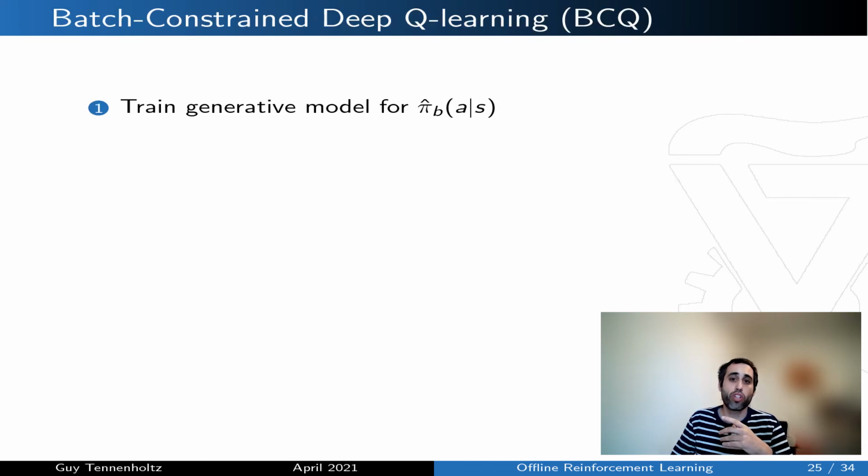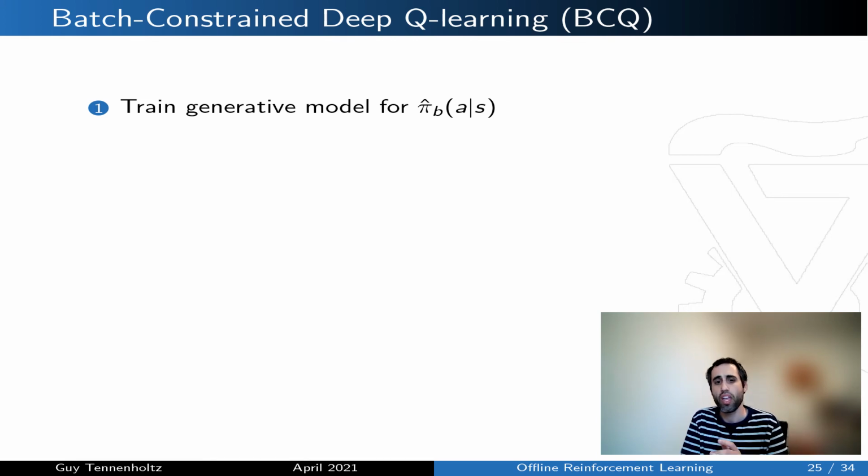One example of a proximity-based method is batch-constrained deep Q-learning. Basically, this algorithm works as the general actor-critic algorithm that we saw earlier, only it maintains closeness in distribution to the policy in the data, to the behavioral policy.